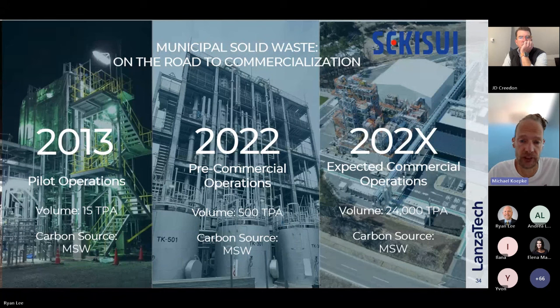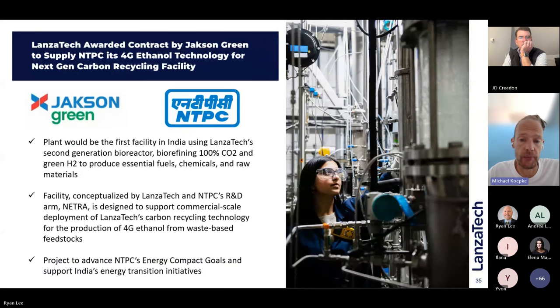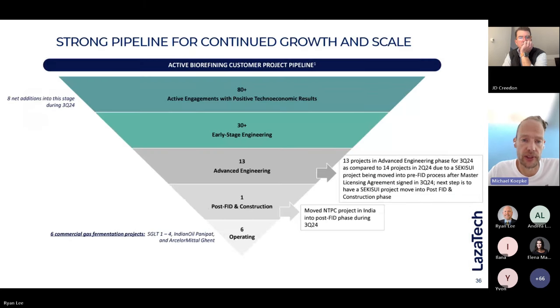If we move one step further, among the other new feedstocks, we're looking at using just CO2 and green hydrogen, and we've just been awarded a contract with Jackson Green and NTPC in India, where we use 100% CO2 and green hydrogen as a feedstock for making ethanol. If we go forward, we have a strong pipeline of projects.